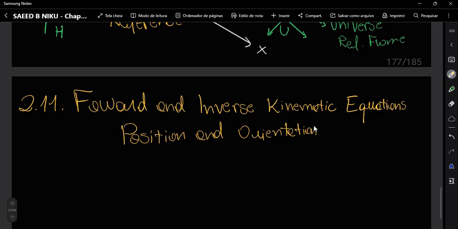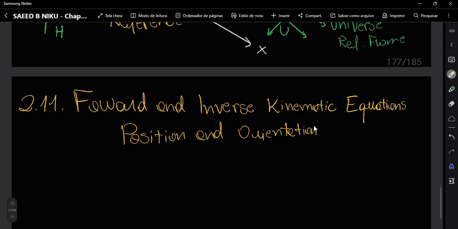And we know that forward and inverse kinematic equations, we know what they do, which is exactly allow us to do an analysis of the position and the orientation of the robot, of the actuator.